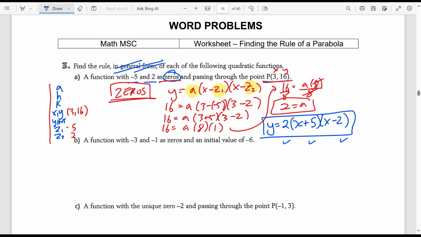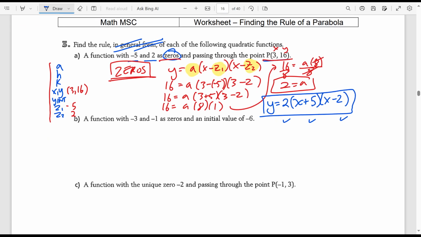Let's take a look at, so I want to say -3 and 1. So a function with -3 and -1 as zeros and an initial value of -6. So I'm still going to label out A, H, K, X, Y, Z1, Z2. We can add y-intercept in there if possible, specifically for this one here.